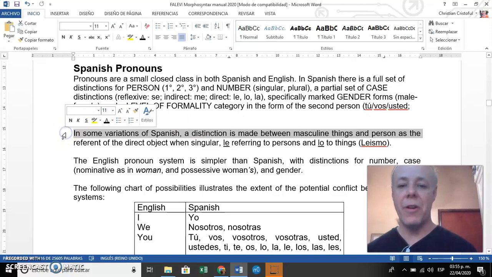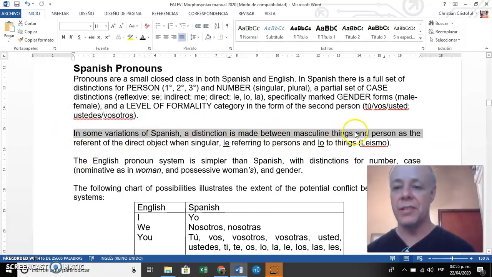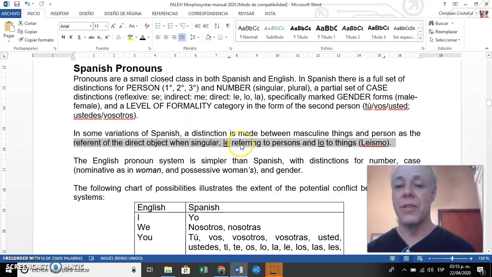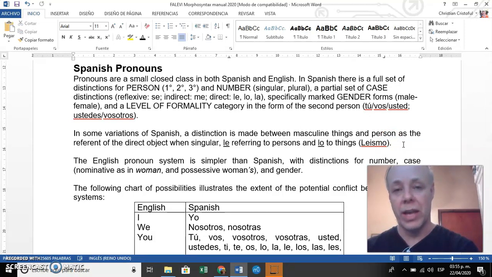It says, in some variations of Spanish, a distinction is made between masculine things and person as the referent of the direct object when singular: le, referring to persons, and lo, to things. And this phenomenon happens in Argentina, for example, and is called leísmo.